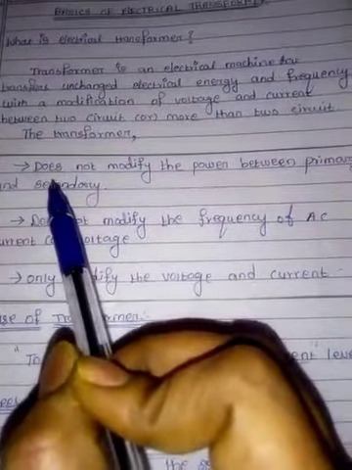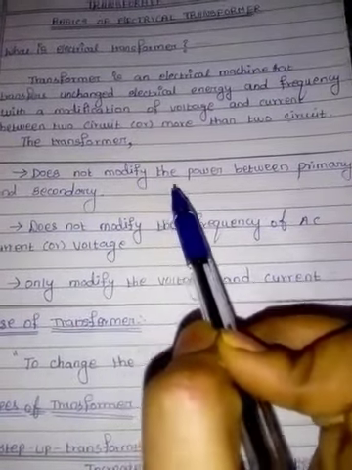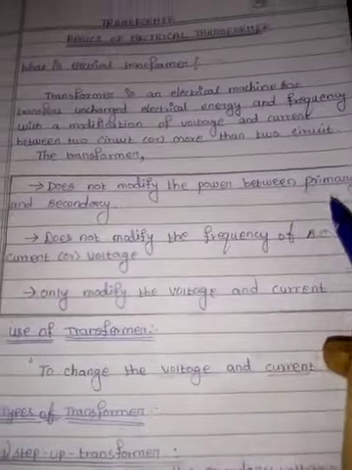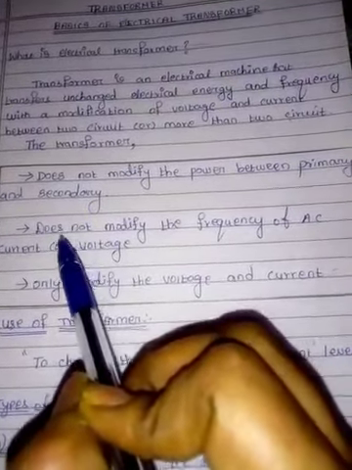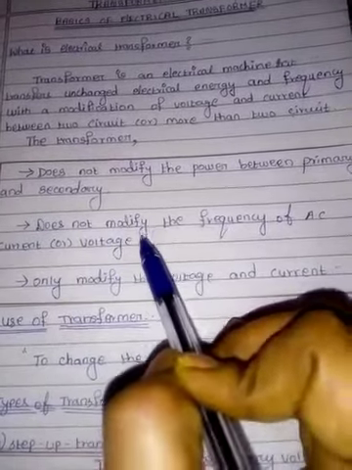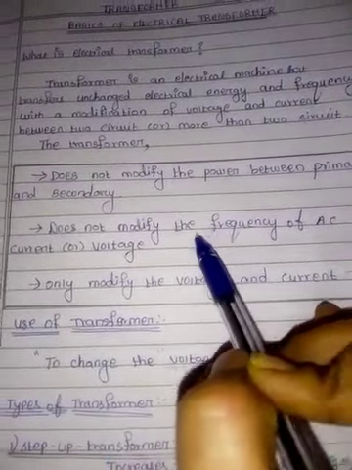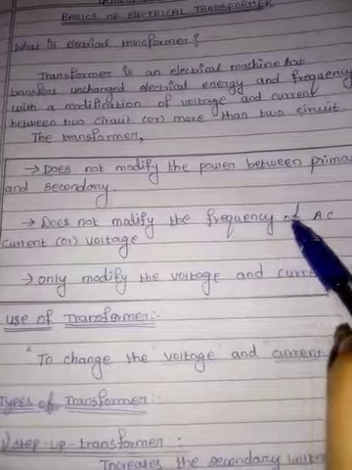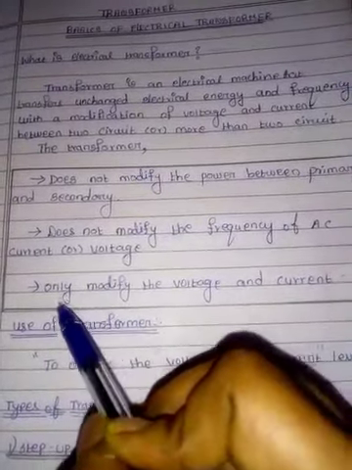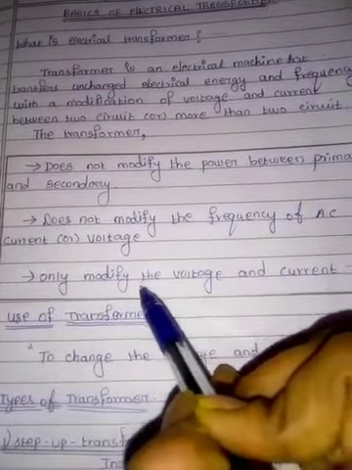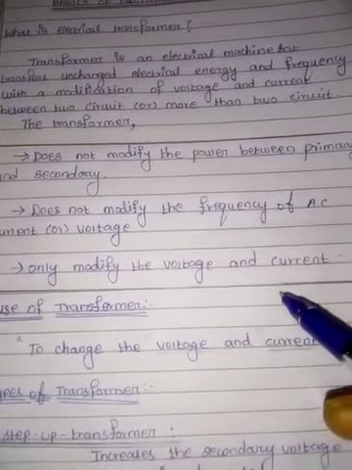The first one is it does not modify the power between the primary and secondary circuit. The second one is it does not modify the frequency. It will not modify the frequency level of the AC current or voltage. Then the transformer only modifies the voltage and current.